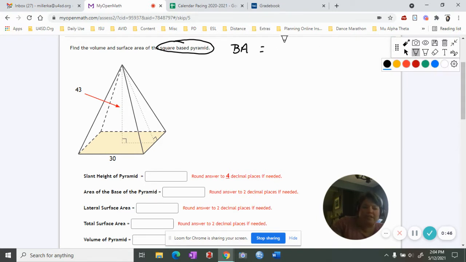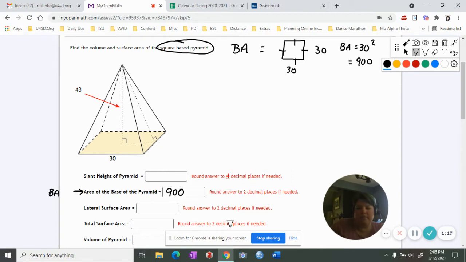All four of my sides are equal in a square, and in this one I have 30 as my side. So it's a 30 by 30 square, and my base area equals 30 squared, which is 900. Area of the base of the pyramid, that's the BA, is 900.